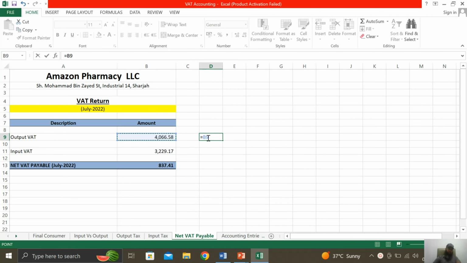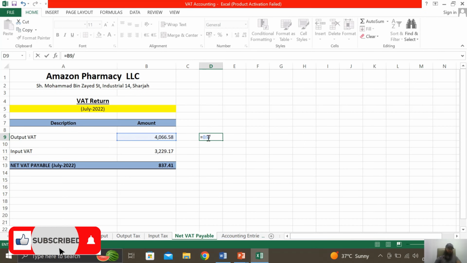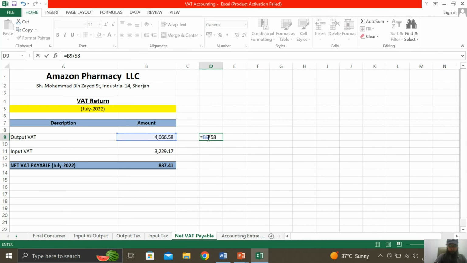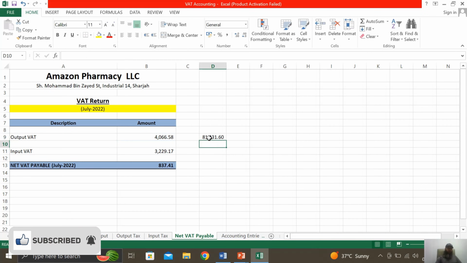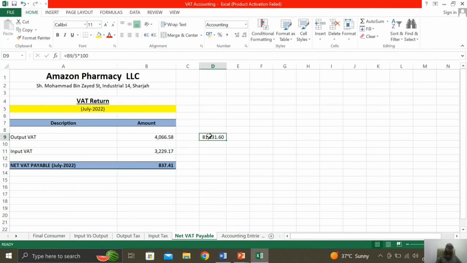So you will divide this amount by 5 and multiply it with 100. This will be the amount of the sales on which you have paid this VAT.